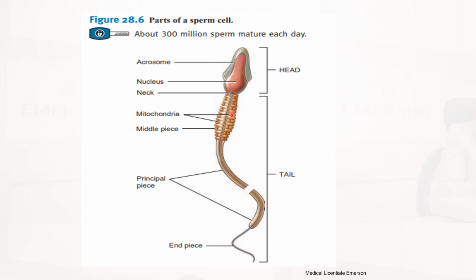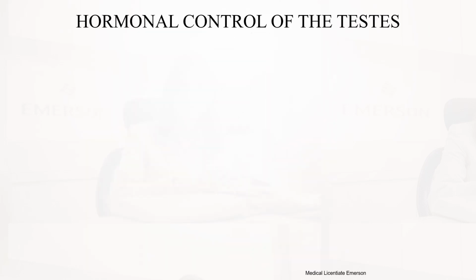Then there is a huge power of mitochondria in the mid piece. Then you have the principal piece, which is part of the tail, and the end piece of the tail. And this is the structure of a sperm.